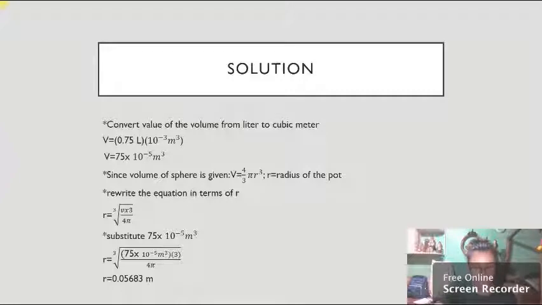Since the volume of a sphere is given by V equals 4/3 pi r cubed, wherein r is the radius of the pot, we need to rewrite the equation in terms of r.